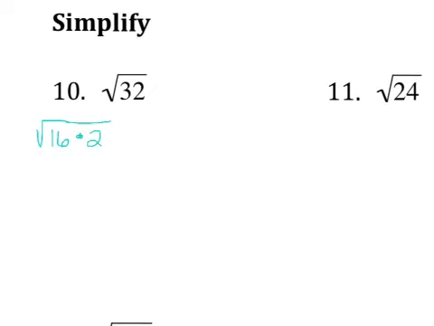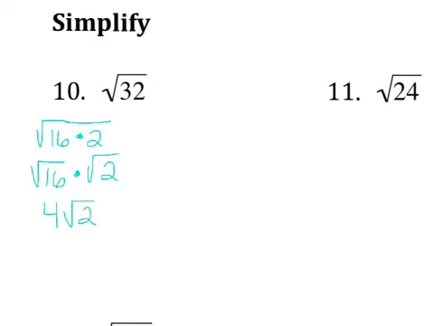Now we can use that product property to say that that is the same thing as the square root of 16 times the square root of 2. The square root of 16 is 4. We can't take the square root of 2, so we're just going to leave it inside the radical, and it is completely simplified.